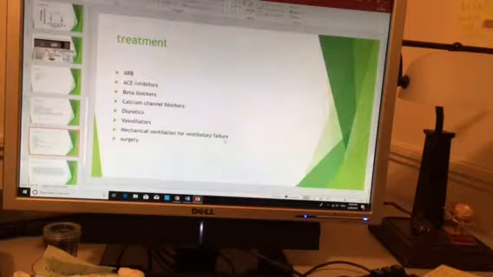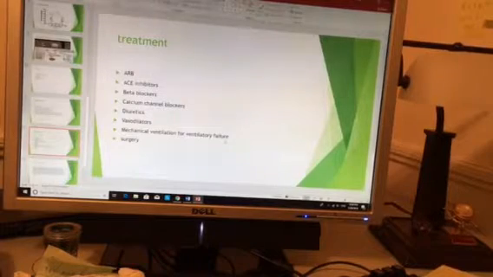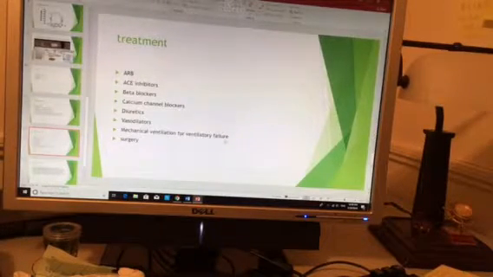They include angiotensin-converting enzyme inhibitors, ACE inhibitors, and angiotensin receptor blockers, which are ARBs, which relax blood vessels to improve blood flow. Beta blockers can reduce blood pressure and slow a rapid heart rhythm.